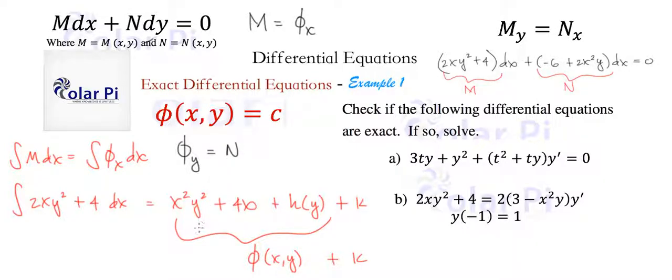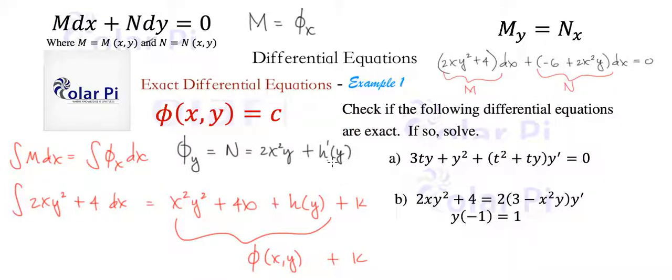Okay, but that would mean that if we take the partial with respect to y of this, we would have to write that we have, sorry, I'm saying that way too many times, but the plus 4x turns to 0, and then we'll have plus h prime of y, and plus the constant will go to 0, right?